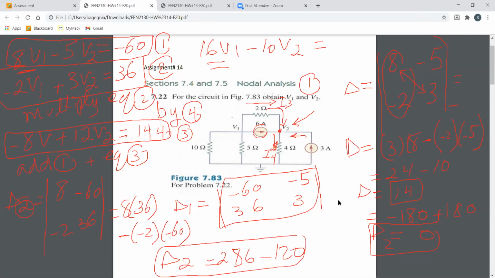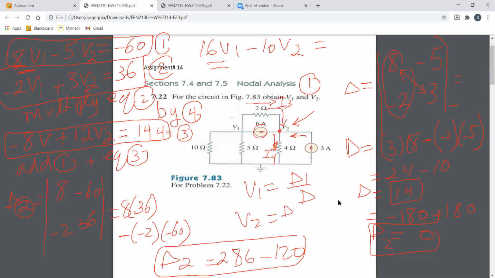So whatever that number is, the solution for V1 will be delta 1 over delta, and V2 will be delta 2 over delta. It's up to you, whatever method you use, elimination, substitution, or the matrix.